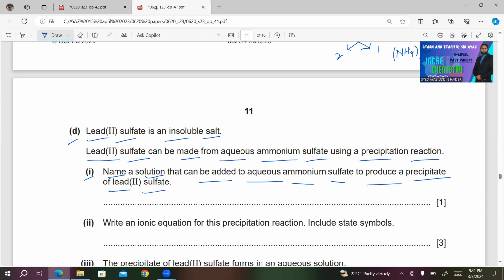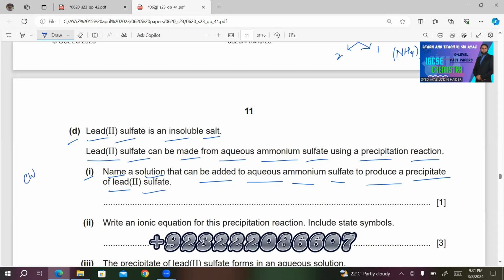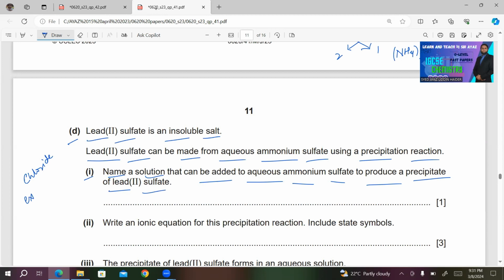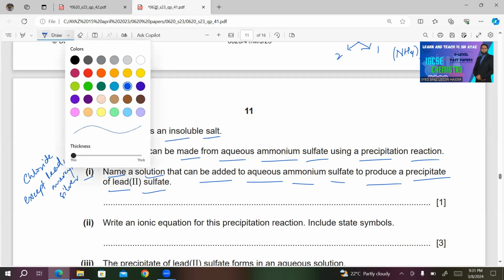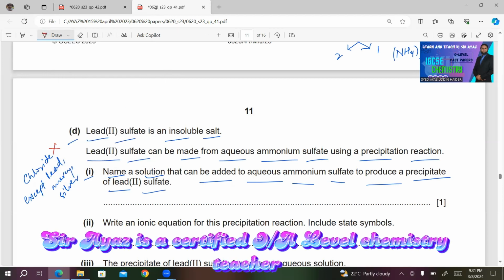So you have to take a soluble salt of lead. What salts do we have? We have a chloride. All chlorides are soluble except lead, mercury, silver. So this can't be the right choice.